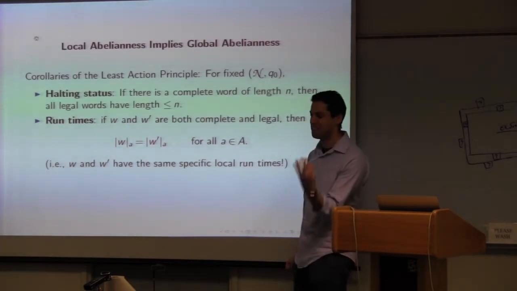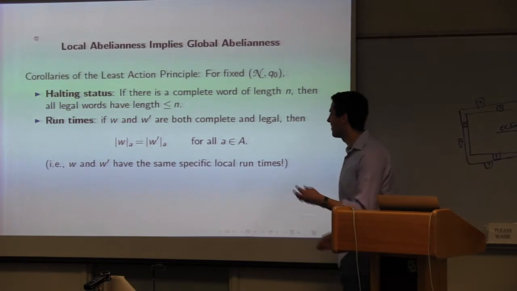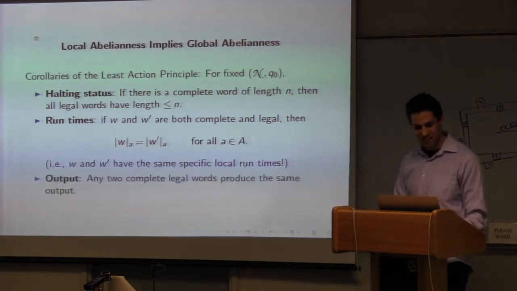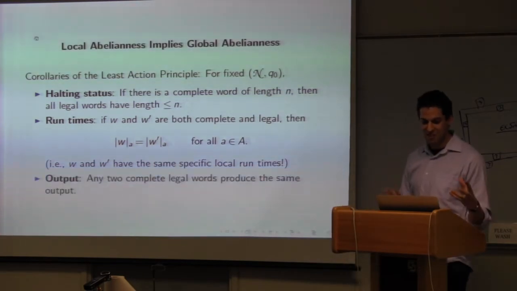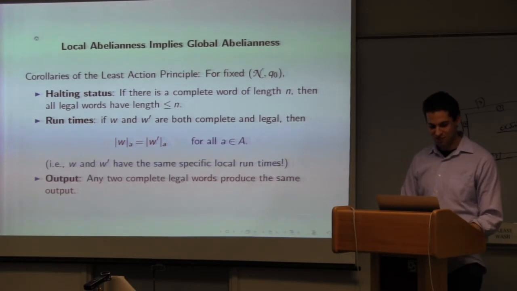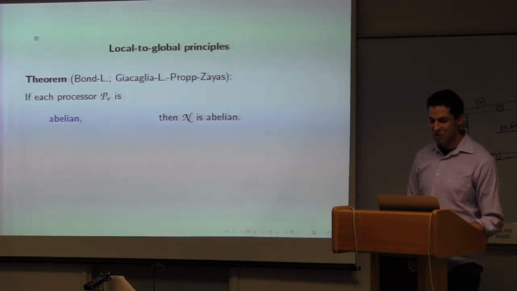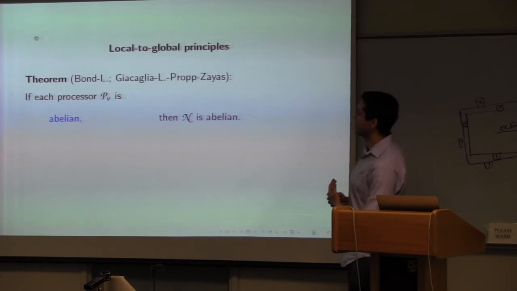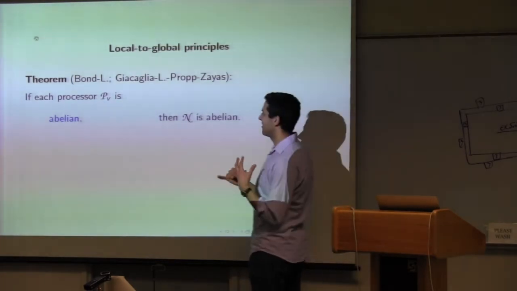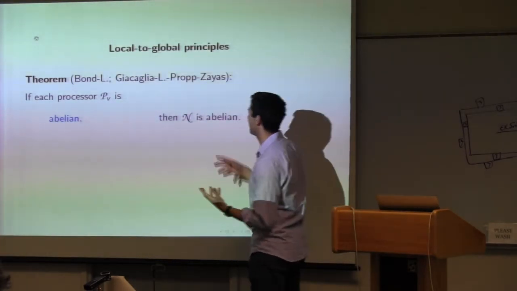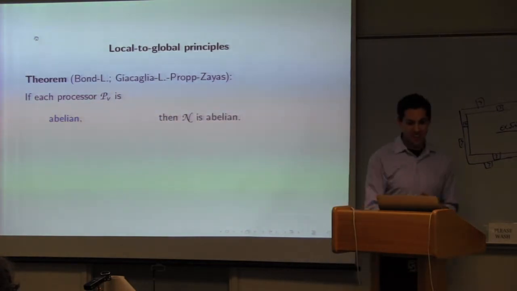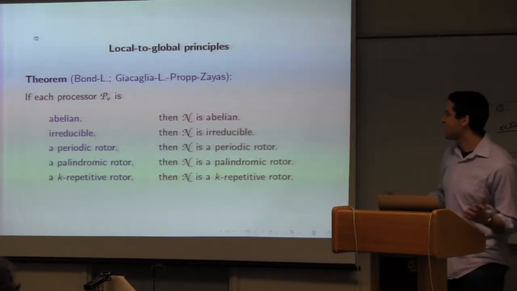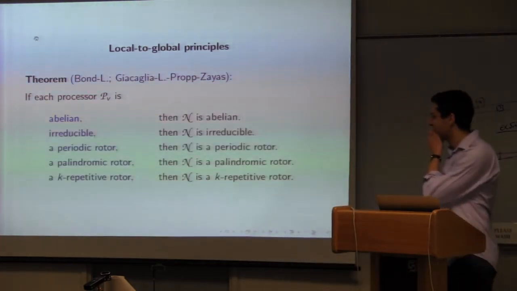In other words, you process the same number of letters of each type in the 2 executions. And any 2 executions produce the same output. So you can think of this as a local to global principle. It's saying if each processor is abelian, then the whole network is abelian. There turn out to be lots of principles of this form.